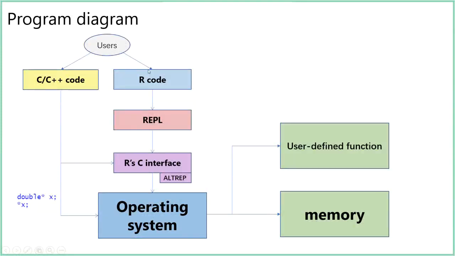R does not do that, but the operating system does. By accessing a pointer, the operating system will predict what your next behavior is. If it sees that you are looping over a vector, it will preload multiple chunks before you actually access them. So that's one possibility to bypass the limitation of the RC interface.